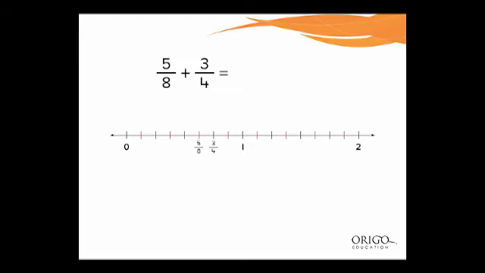This is finding the equivalent fraction component. 3/4 is the same as 6/8. So now if I start with 5/8 and add 6/8, I'm going to run along here, and the answer is 11/8. Right? So the linear model is good for doing that, isn't it? So I think we just got to get our head around these other models and be aware of these in order to achieve the elaborations that are in here.